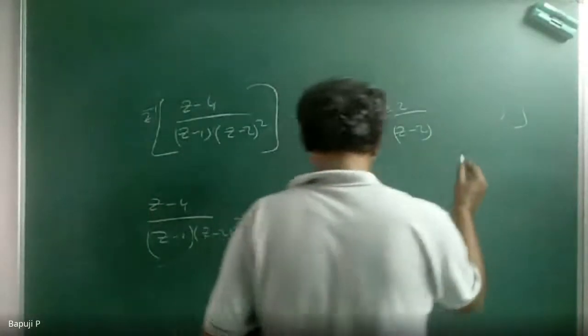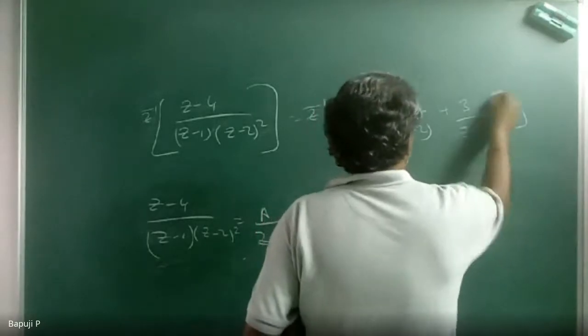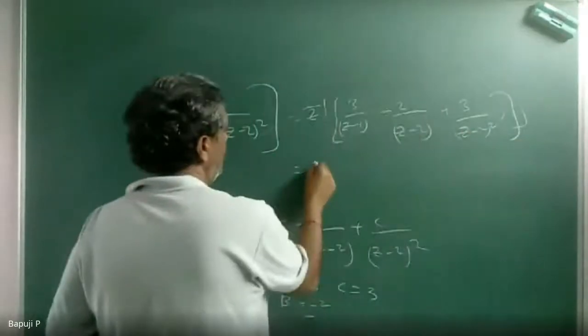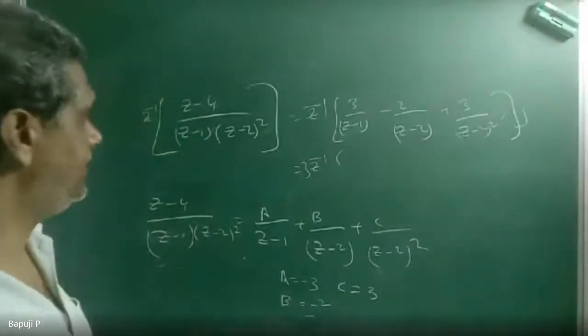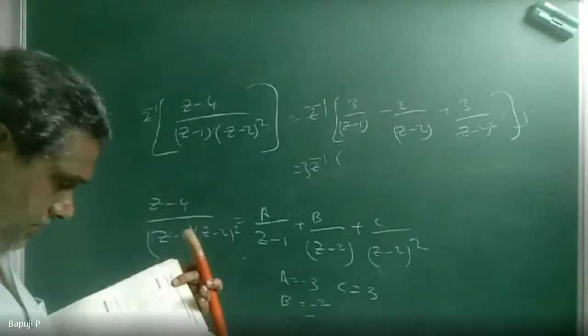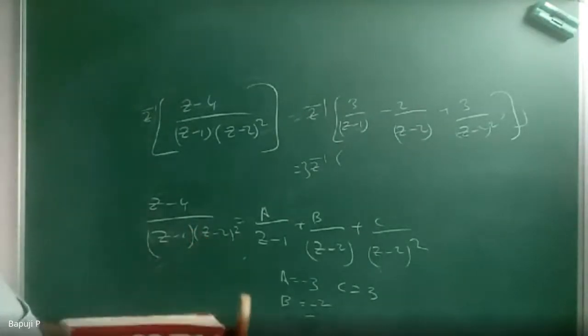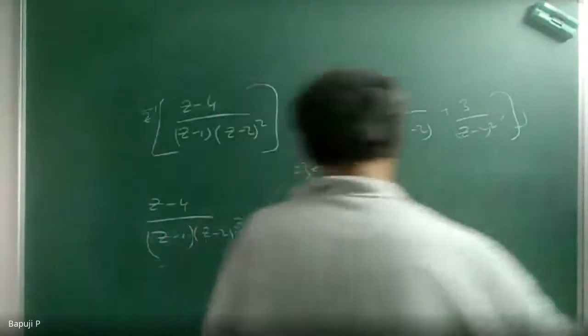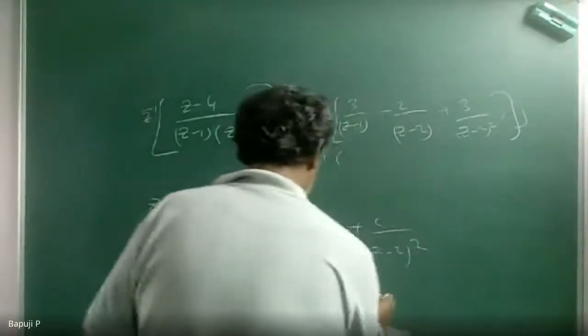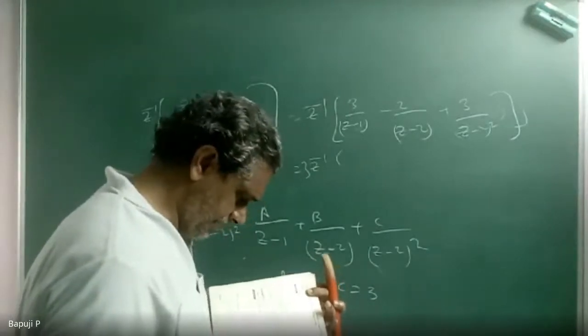C is what, sir? If you write separately, sir, C should be minus 2 and B should be 3. C should be minus 2, sir. Acha, he is taking z minus 2, sir. Correct. B is 3. He has taken the fractions differently, he has taken minus 3.